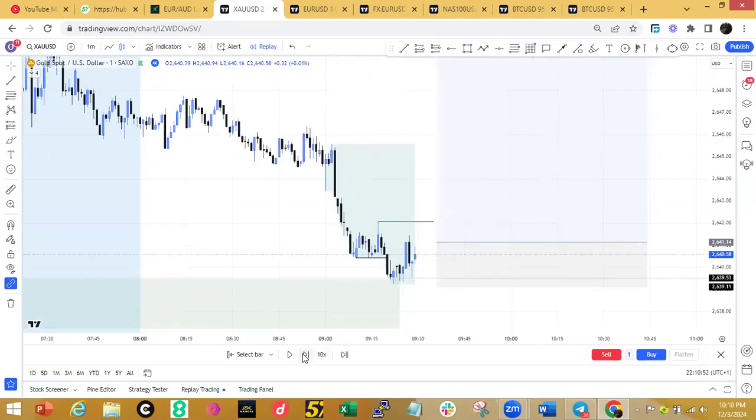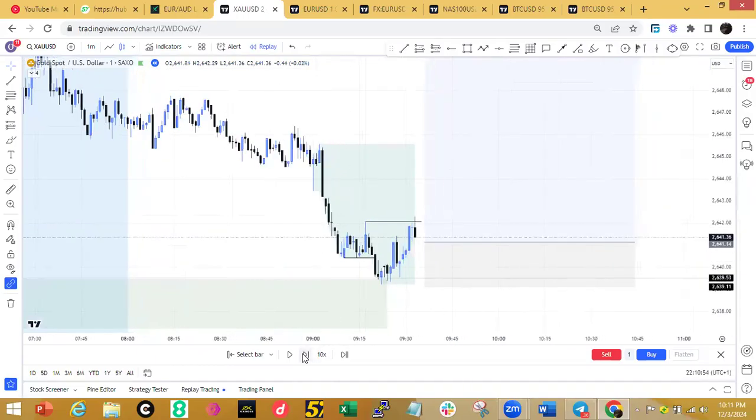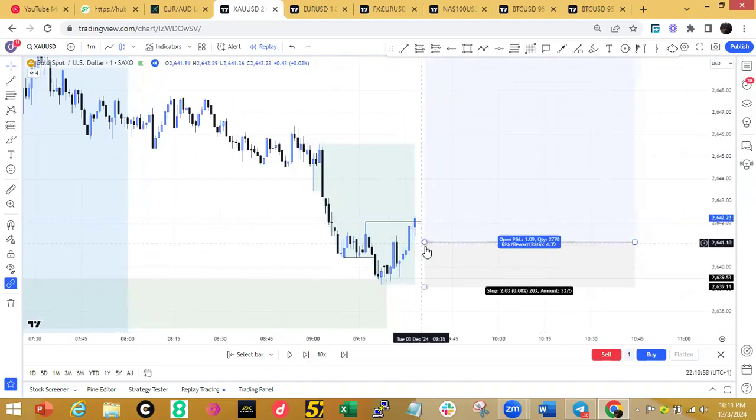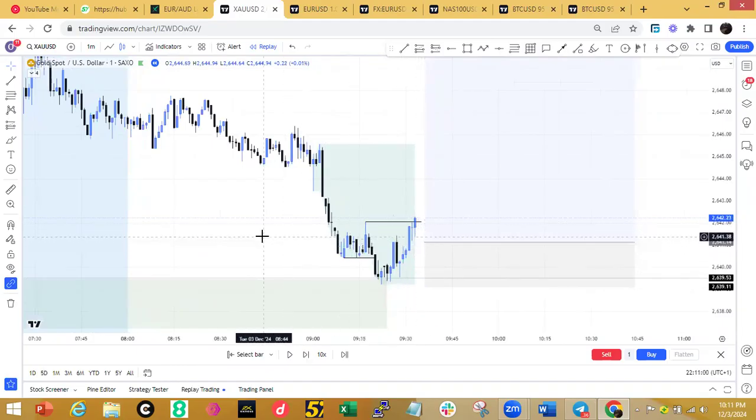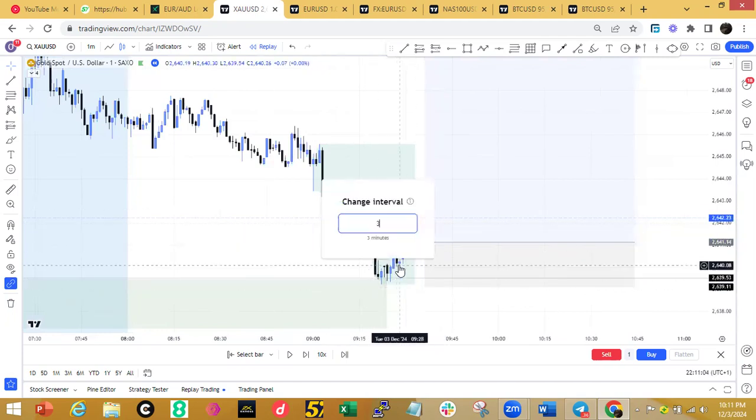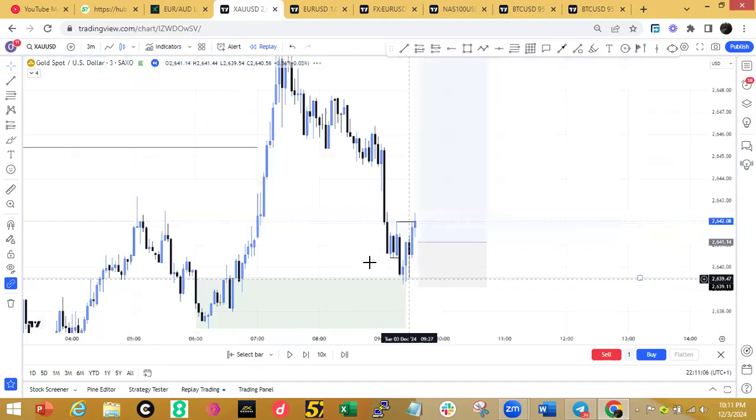Okay, so now see. With body close. The moment I saw this body close, I knew that, okay, we were ready. But this M1 didn't really make sense to me, so I entered this trade off of M3: the last sell candle before the buy.